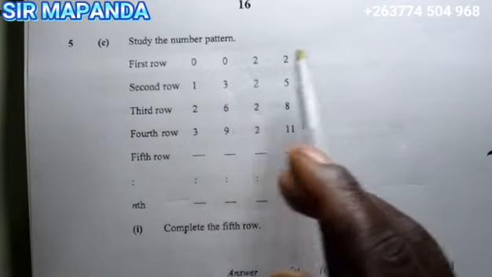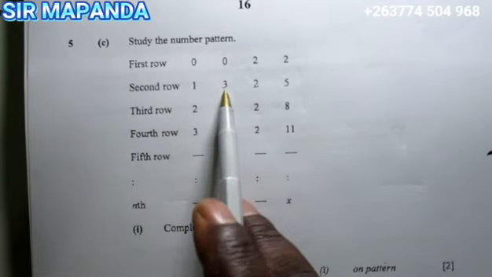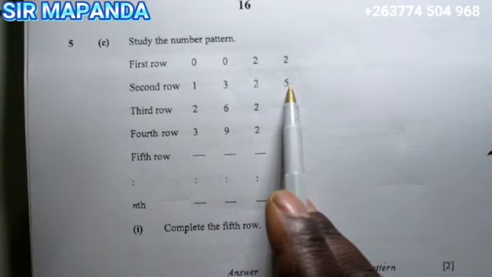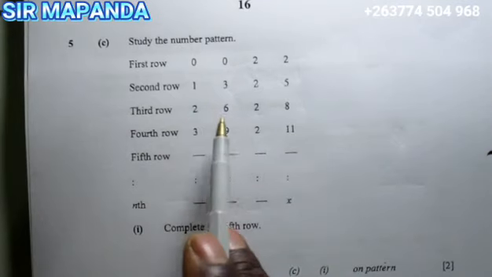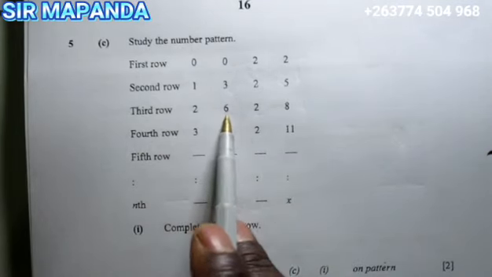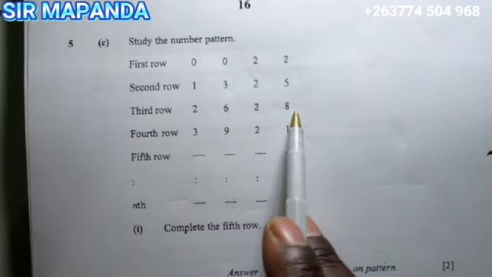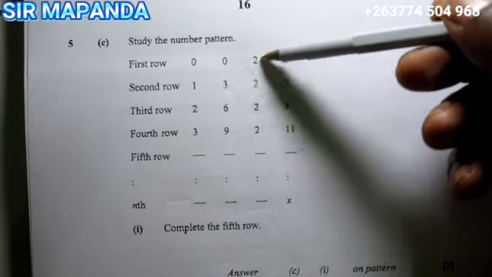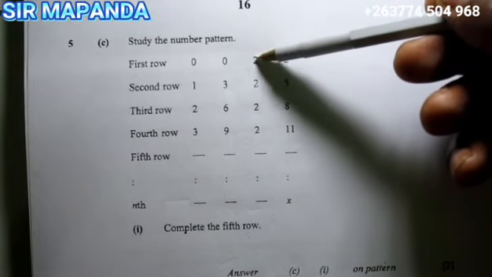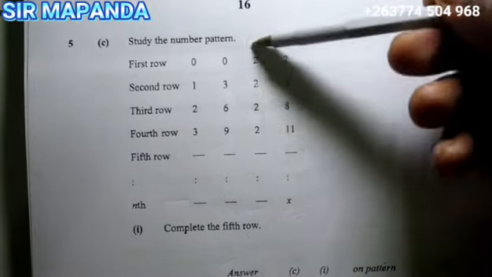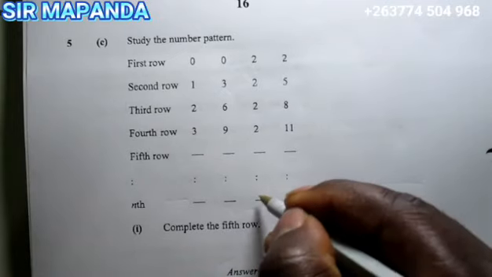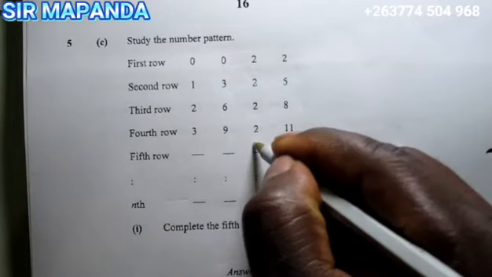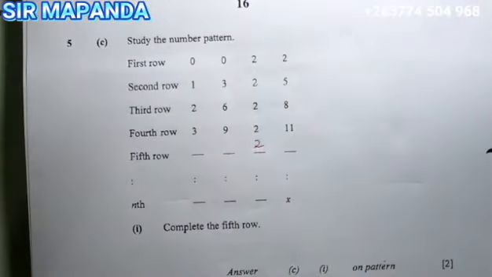So 0, 2, 2, 1, 2, 3, 5, right? Then 2, 6, 2, 8, right? What you need to understand here, you can notice that this third row has got 2's, right? So on the fifth row, I'm also going to put 2. There is no change here.